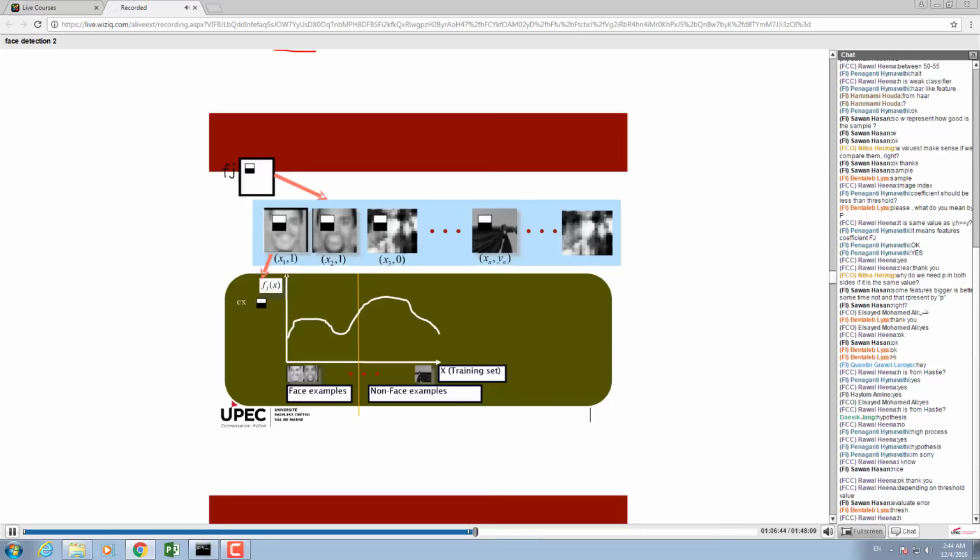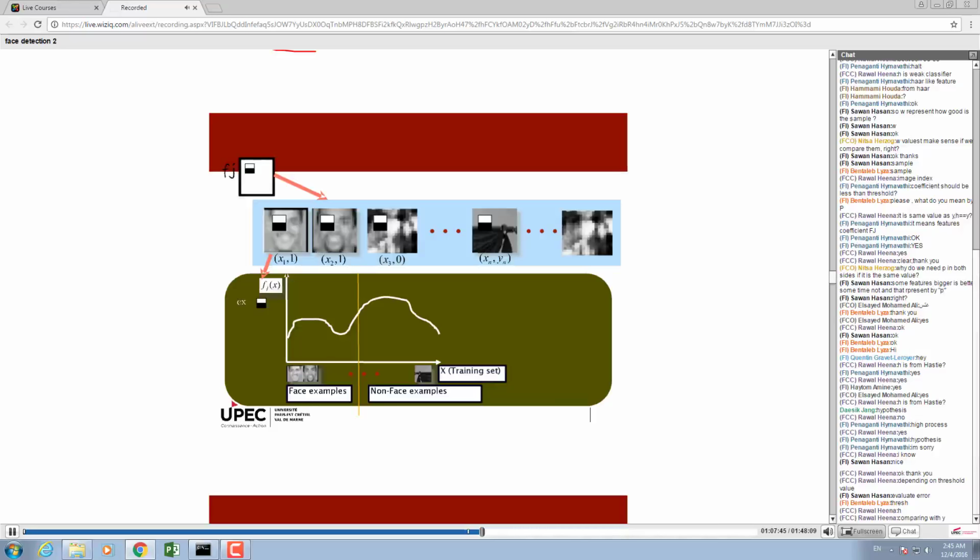So h and y are not always the same, because the classifiers cannot always be correct. In practice, there is no weak classifier that is 100% correct. So sometimes it is wrong. It means the result of h and the result of y can be different. From this difference, we can calculate the error.